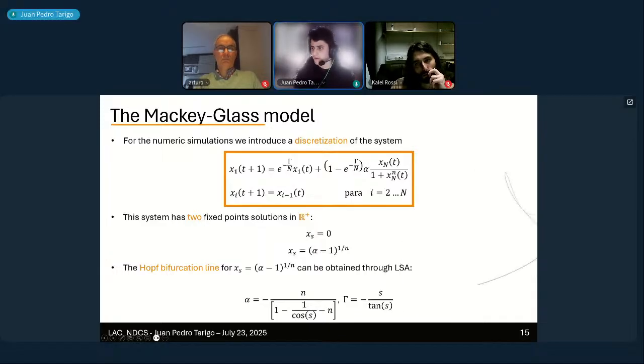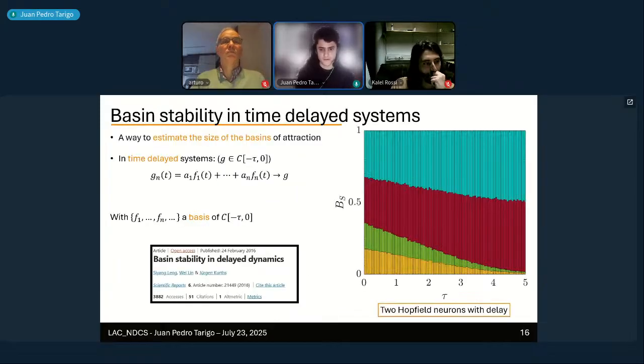And it's very multi-stable. So I'm going to introduce one more thing before showing you the results of basin entropy in the Mackey-Glass model that is very useful, and that is basin stability, which, I don't know if it was introduced there, but I first saw it in this paper and Wanban Meng.